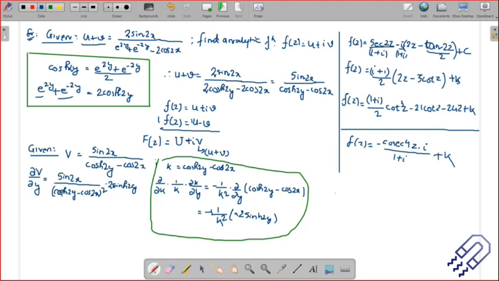If you do del v del y, you should get 0. We have put in a lot of effort, but ultimately you're going to get 0 only, because phi z 0, and you put the value of y as 0, and sine hyperbolic 0 would give you 0, so everything will become 0. So that is done. Then we have to find out what is my del v del x.